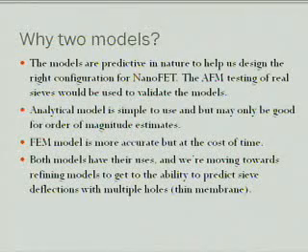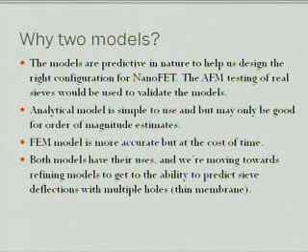Why are we doing two models? Why not just FEM? The models are predictive in nature. They help give us a configuration for NanoFET. So with the FEM we can try different configurations of perforation or whatnot to see exactly what's the strongest sieve configuration.